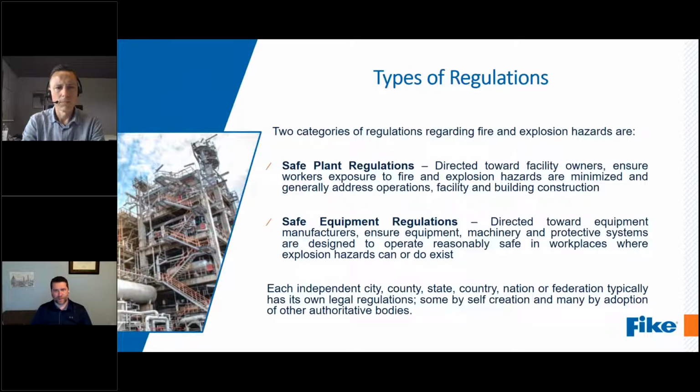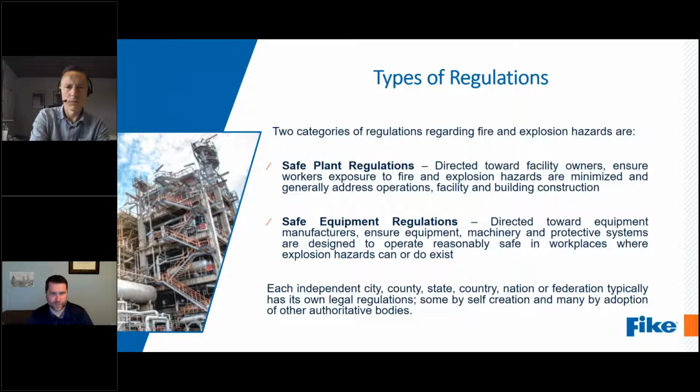Where this comes from is you've got two types of regulations for fire and explosion hazards: the safe plant regulations and the safe equipment regulations. Your safe plant regulations are directed toward the facility owners. The purpose is to ensure workers' exposure to fire and explosion hazards is minimized, and they generally address operations and facility and building construction.